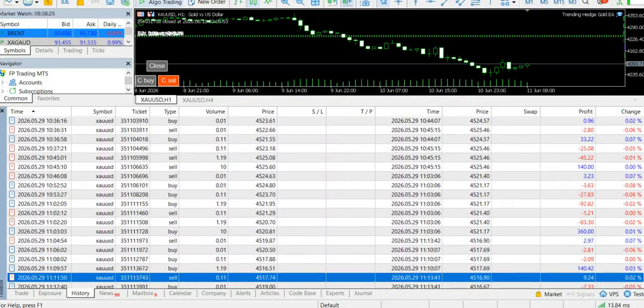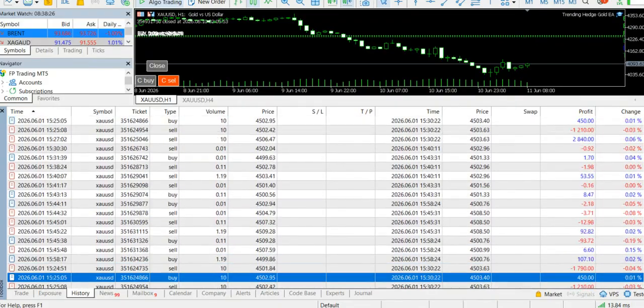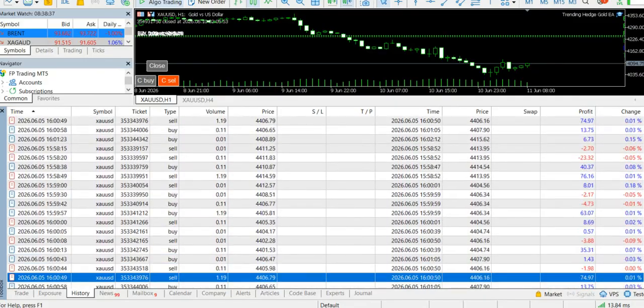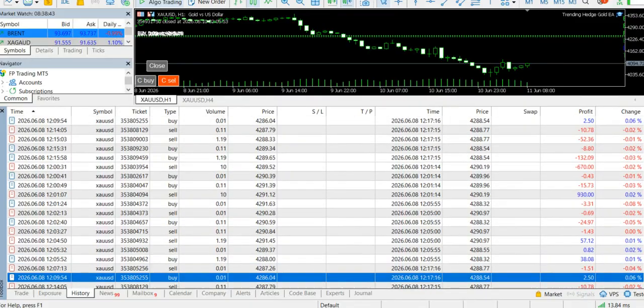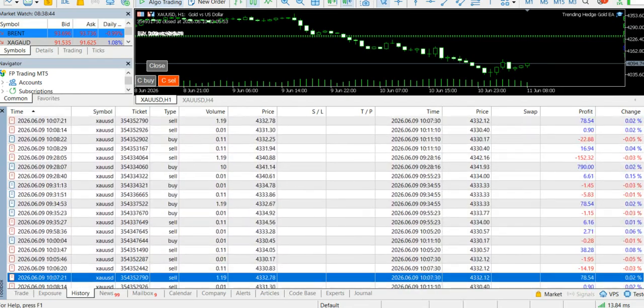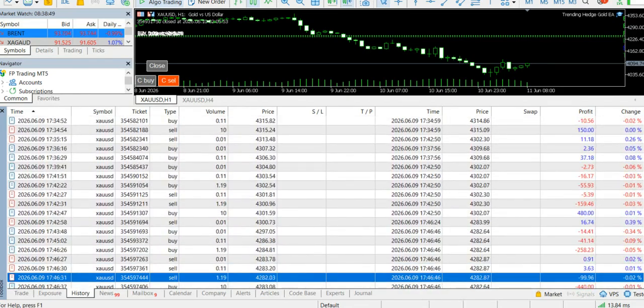Unlike other expert advisors which keep adding lot sizes when the market goes in the opposite direction, this is not the same case. It uses a very limited number of trades, so it has its consequences, positive as well as negative. So we will talk about both.